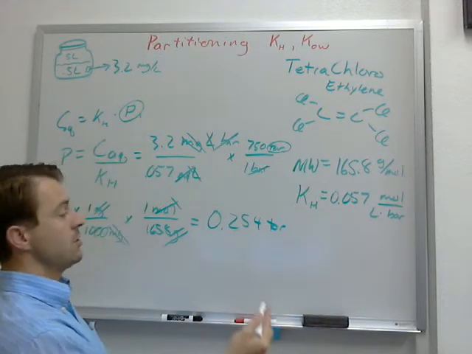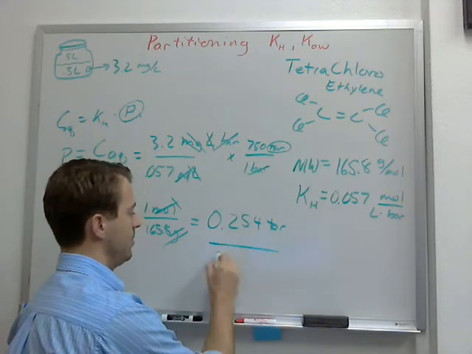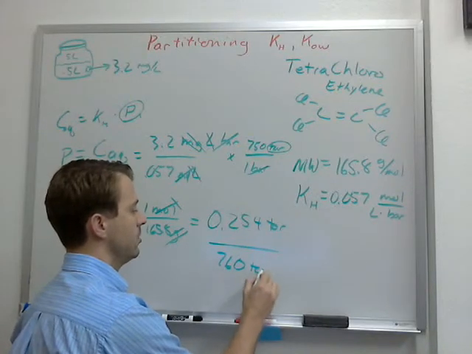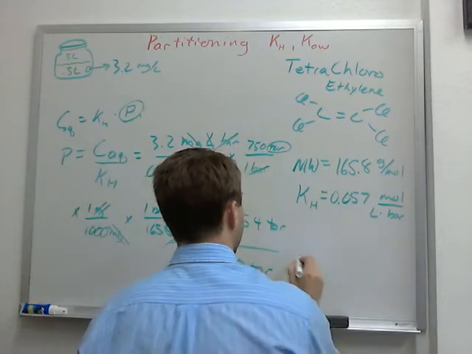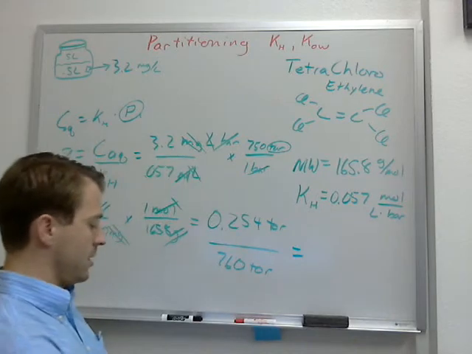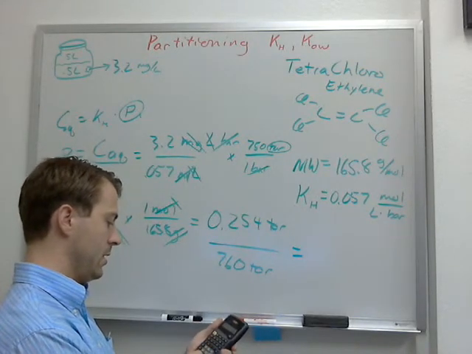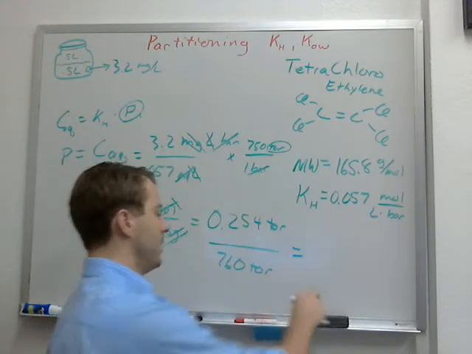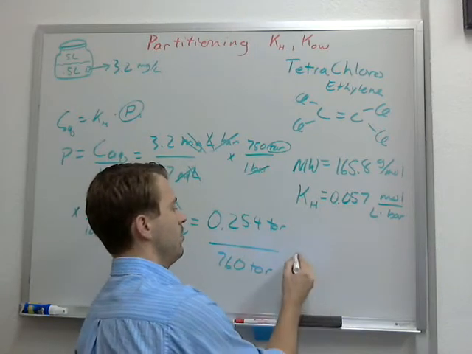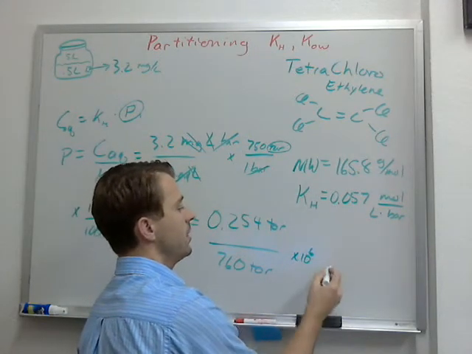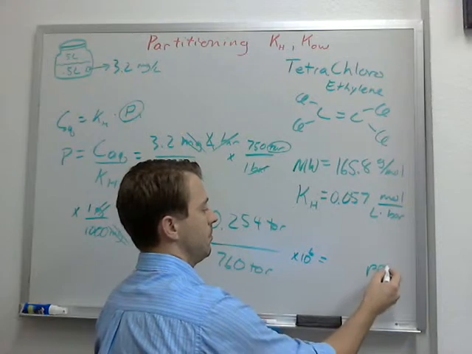And we want to know what the concentration is, so if we divide that by 760 torr, 1 atmosphere, then that gives us our concentration, and then if we take that and multiply by 1,000,000, then we get ppm.